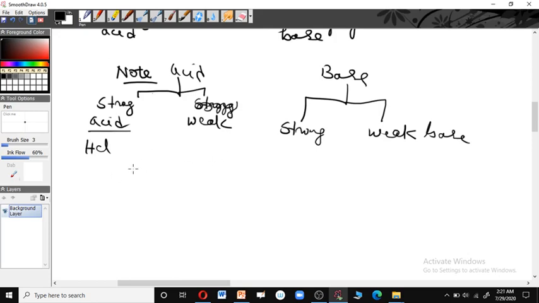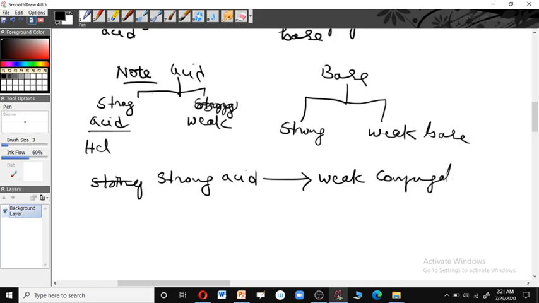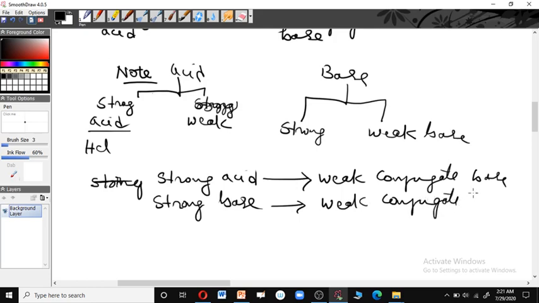So suppose you have a strong acid. Note number 1: any type of strong acid always gives a weak conjugate base. A strong base will give rise to a weak conjugate acid.